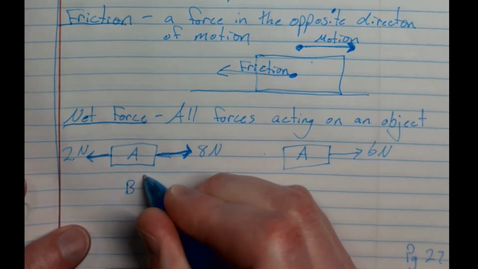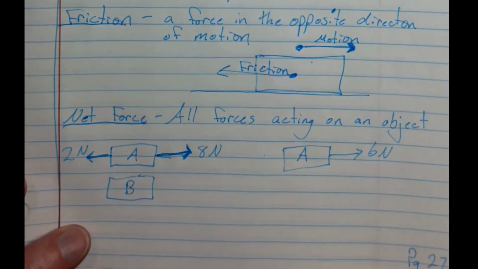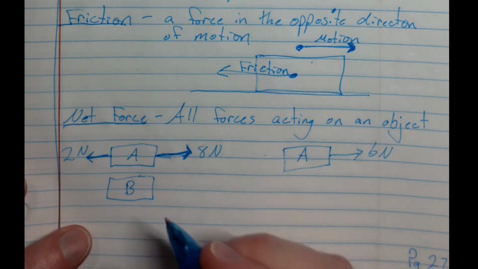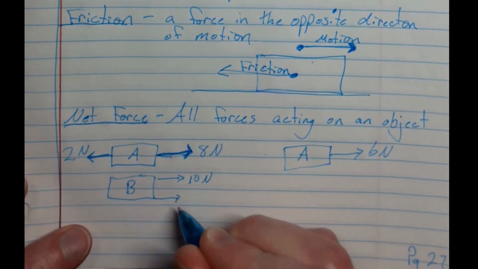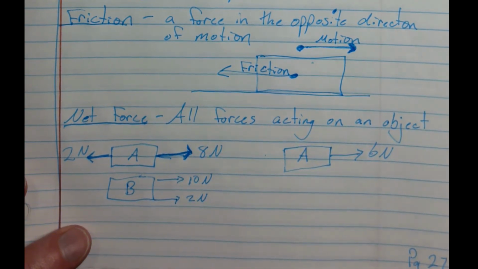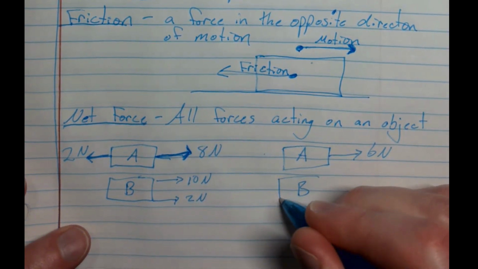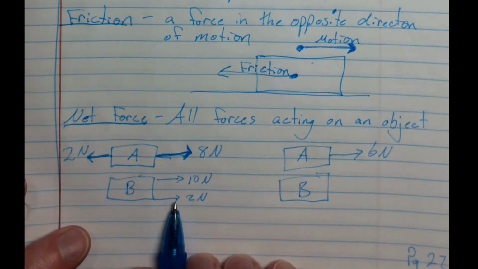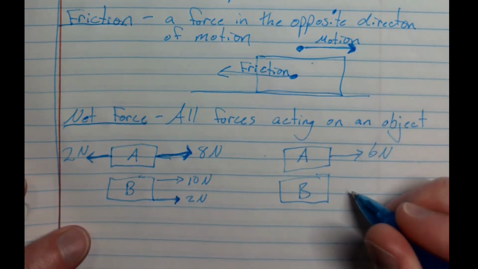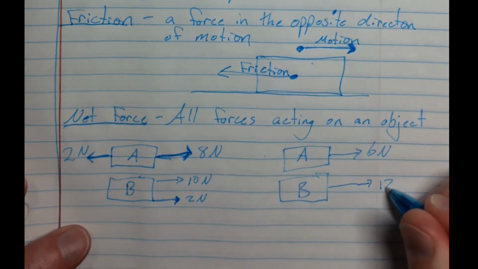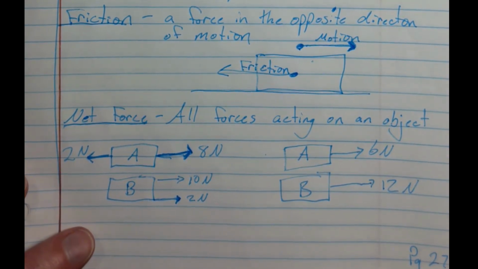Let's do B. Okay, so if I have 10 newtons this way and 2 newtons this way, well, my total, since they're both in the same direction, I add them. If they were in opposites, I'd subtract. But they're in the same direction, so my total is 12 newtons, which is kind of cool.